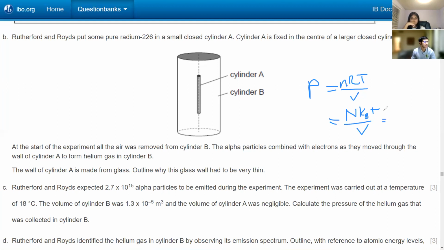The number of particles is 2.7 times 10 to the 15. k_B is 1.38 times 10 to the negative 23. The temperature T is 18 plus 273, which is 291. Could you do the calculations?